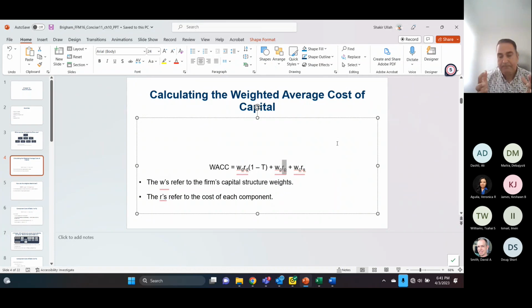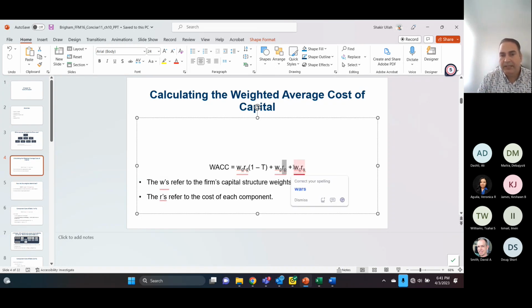So that is the cost of preferred stock. And in the previous chapters, we have learned how to calculate the cost of preferred stock. That is basically the dividend of preferred stock divided by the price of the preferred stock. It is because it's a perpetuity.